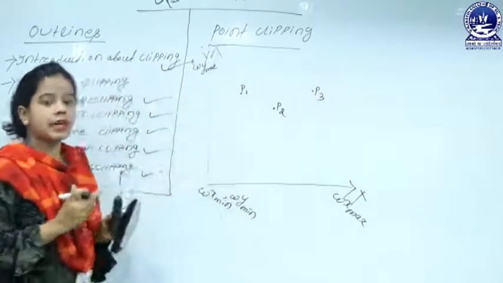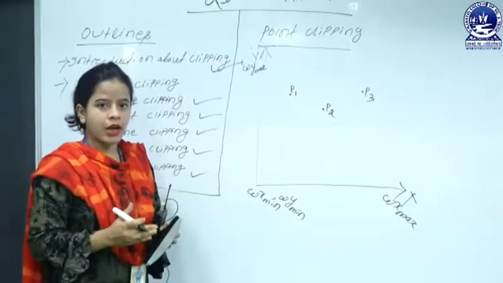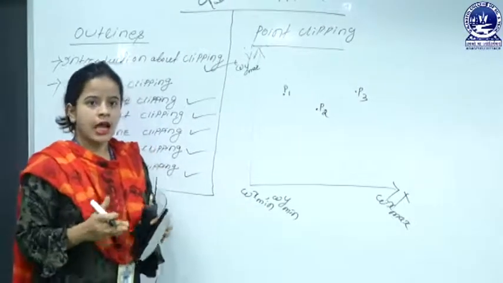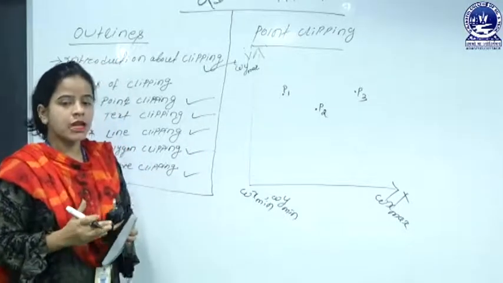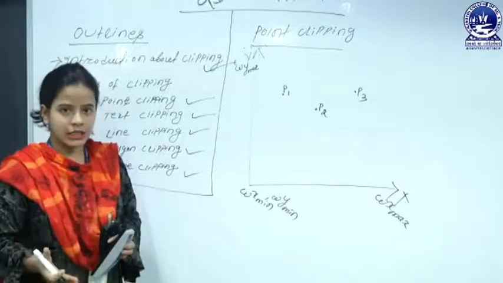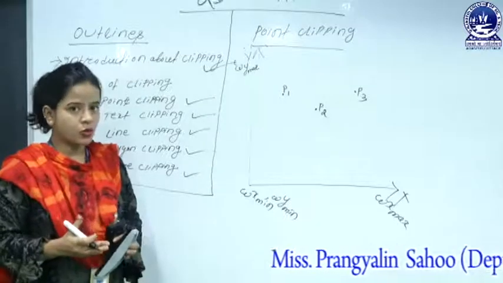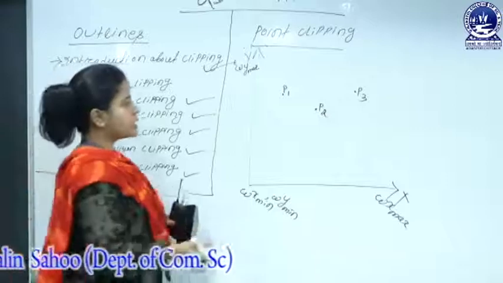Now the question arises: when this given window coordinate is viewed as part of the view space, as per the user's interest provided by the clipping mechanism, which point is accepted and which point is rejected? That means which point is inside the region of the clipping window and which point is outside the clipping window.